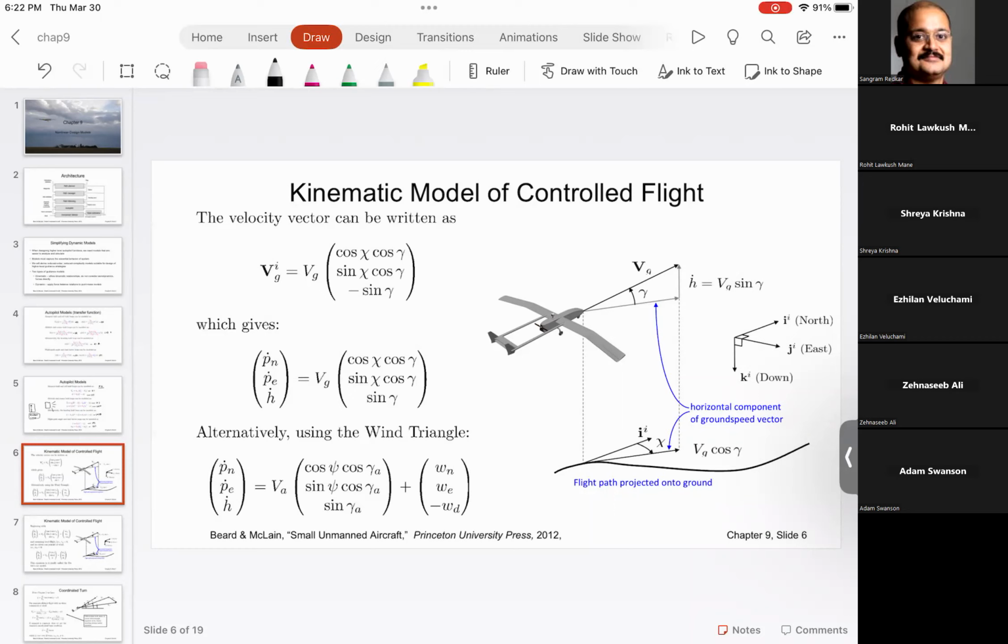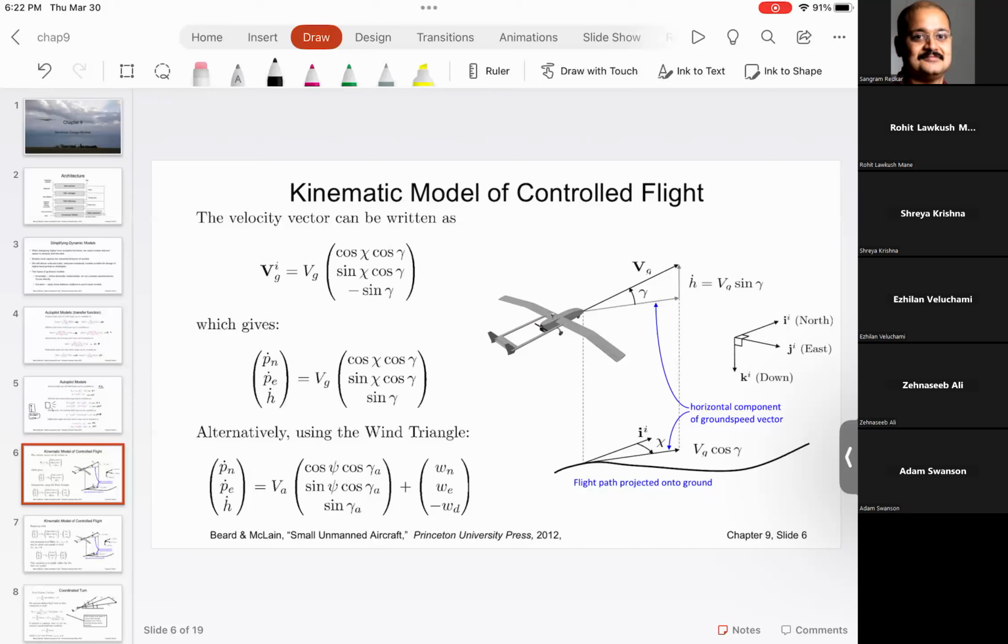If you were to find Pn dot, Pe dot, and H dot, which are the inertial velocity in the north direction, the east direction, and the down direction, the Vg can be mapped to Pn dot, Pe dot, and H dot.